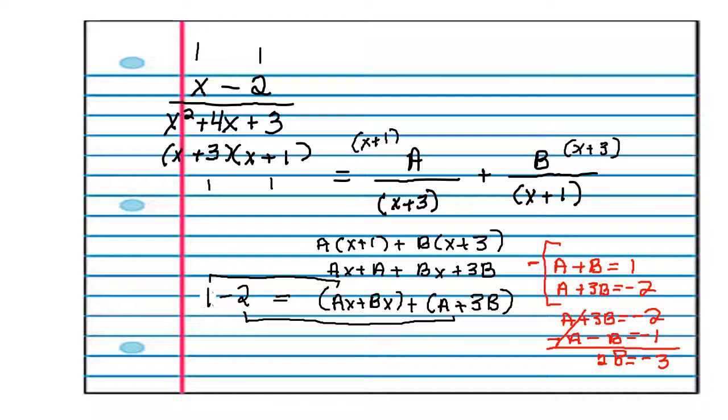And therefore, b is going to equal a negative 3 over 2. And we're going to throw it back into the first one. Circle that. Let's see. A minus 3 over 2 equals the 1, which means plus the 3 over 2. And so a is going to equal 5 over 2.